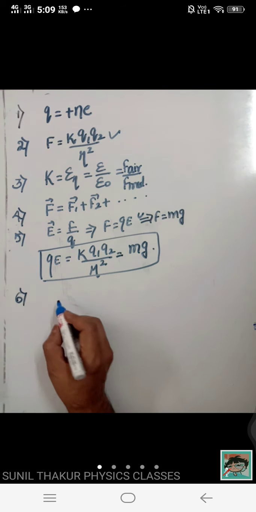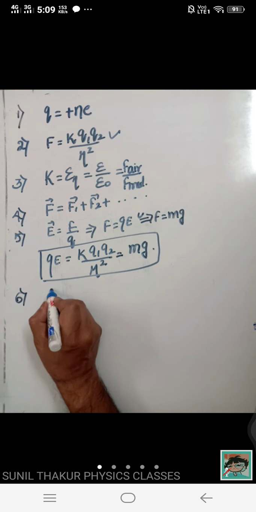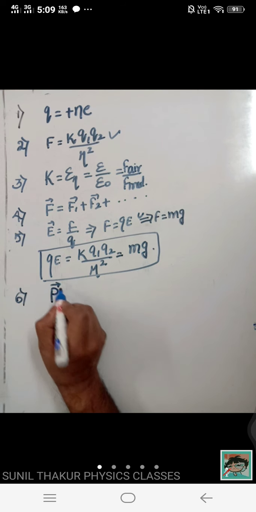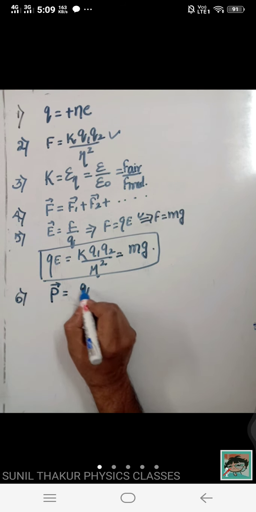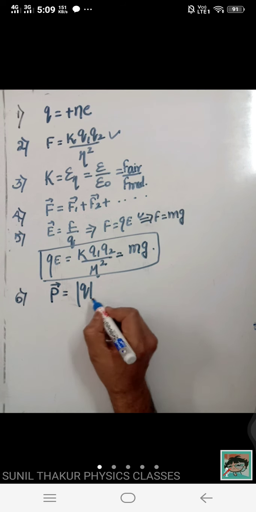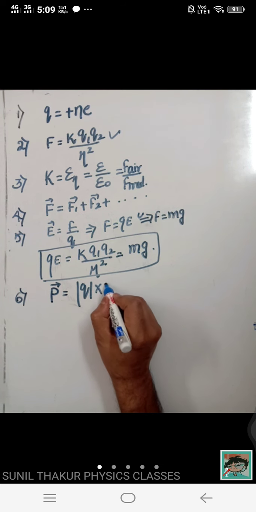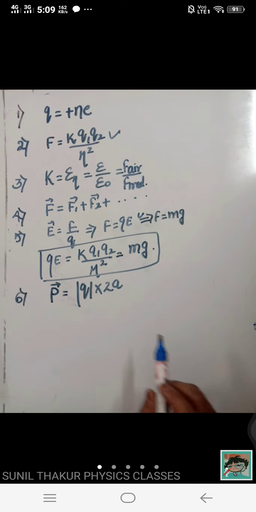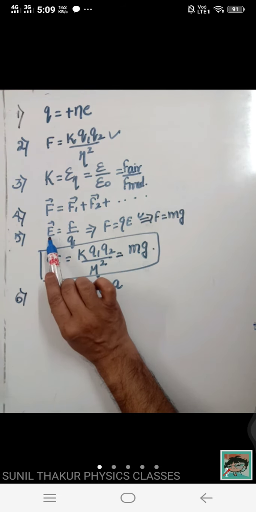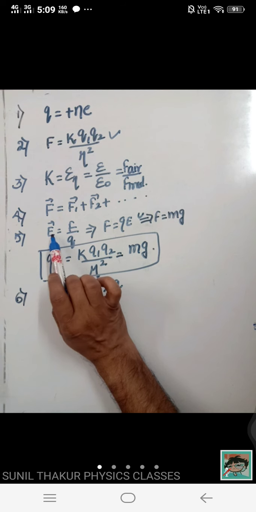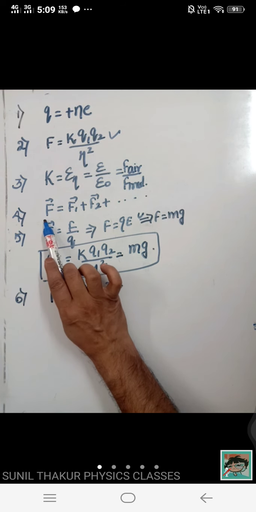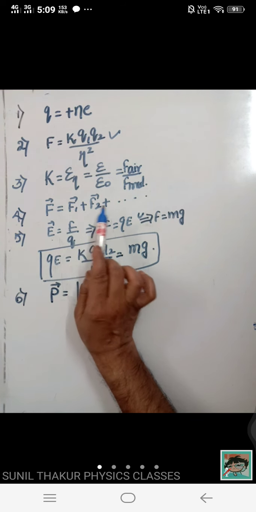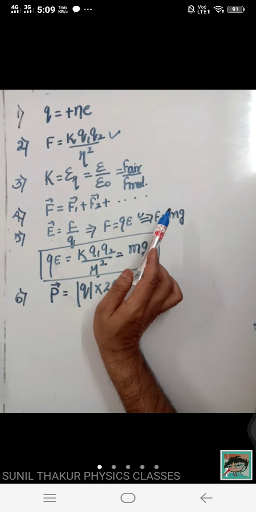Next one is electric dipole moment. Electric dipole moment is p equal to q, the magnitude of either charge, into 2a, the distance of separation between them. Now listen here, electric field is a vector quantity, so the superposition principle states that E equal to E1 plus E2 and so on up to En.